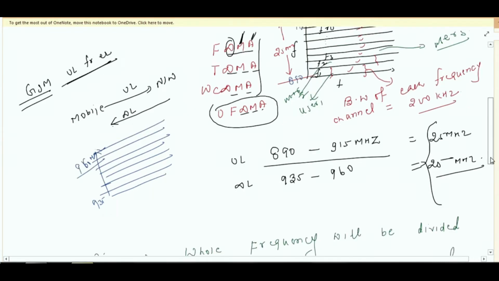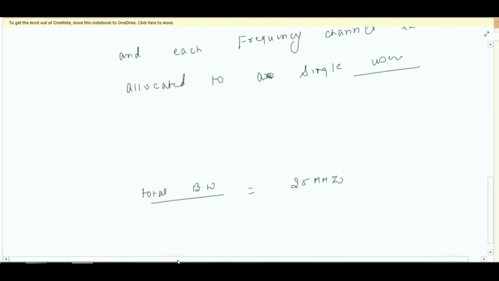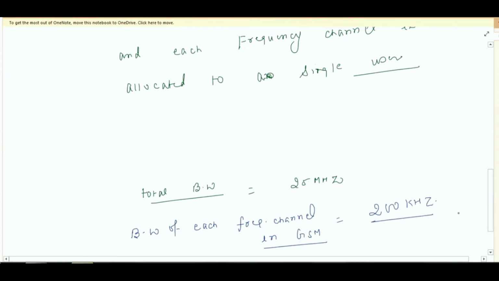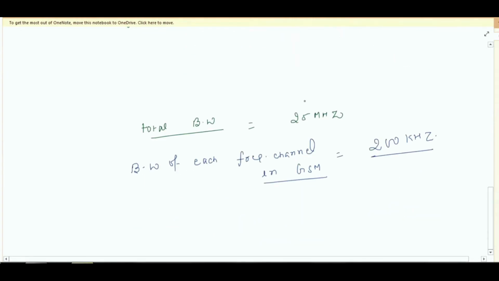Now understand, how many total frequency channels are there? The total bandwidth is 25 megahertz. The bandwidth of each frequency channel in GSM, as you heard, is 200 kilohertz. So how many frequency channels in total? Obviously the total divided by each bandwidth.